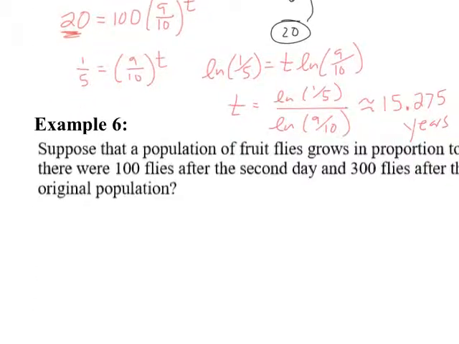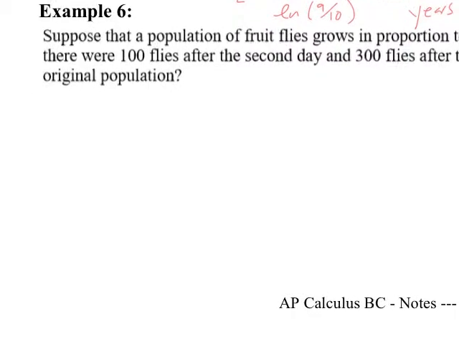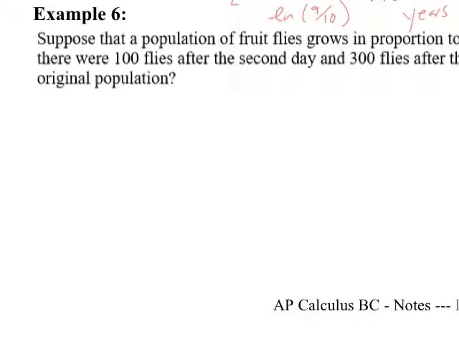All right, one last example, example 6. Another approach that we can take with these problems is we start with our equations that we might know from the data given. And one of the equations is that the population, we'll just use this model, the initial value times e^(kt).